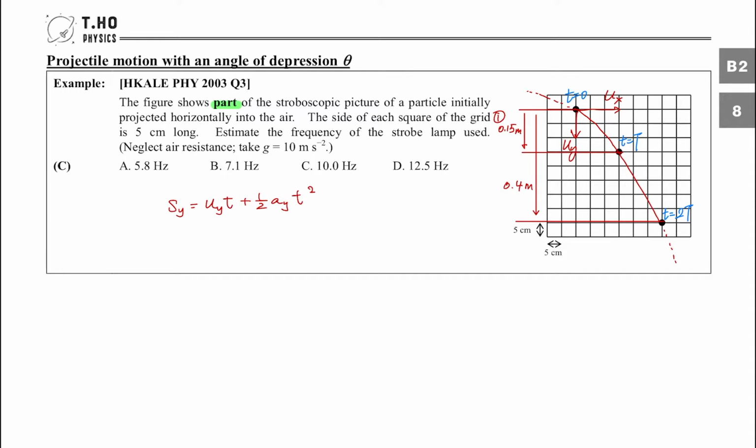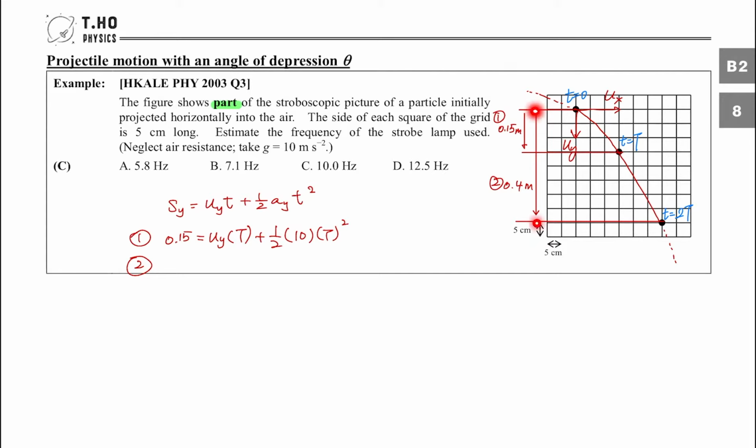So for the first displacement, we can write down 0.15 equals, here we had spent 1 period. Okay, so we set up one equation.